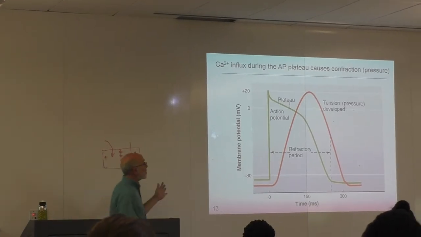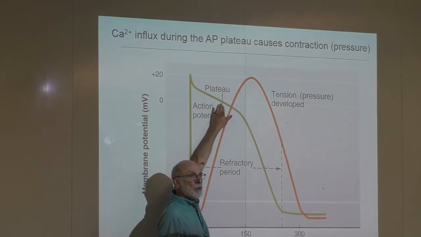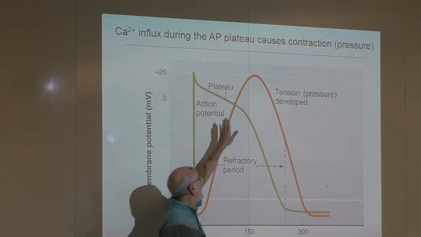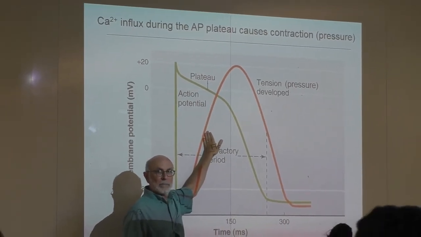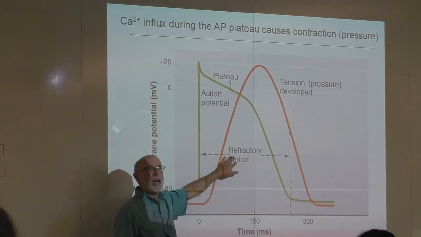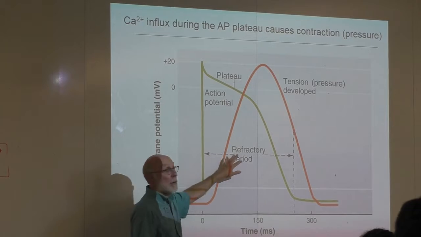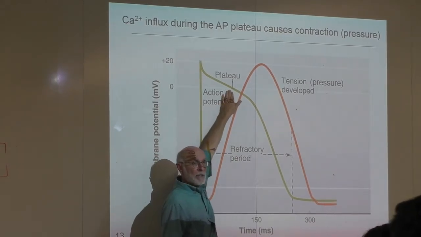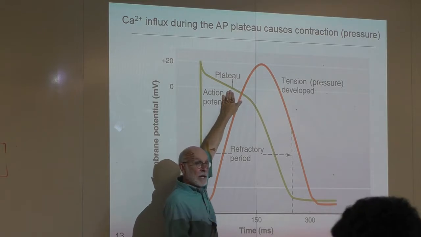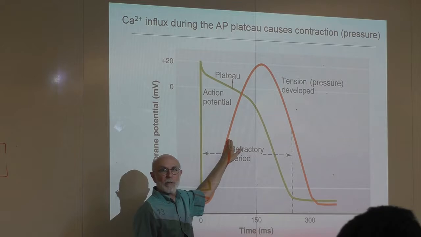Okay, so this is just to remind you that the calcium influx through the calcium channels is what triggers contraction. We'll talk about refractoriness in a minute, on Thursday. But the point of this slide is that the electrical activity of channels and the calcium influx through those channels is what triggers contractile force.